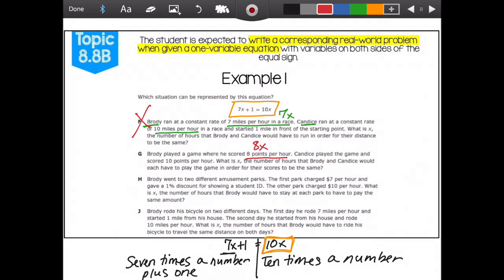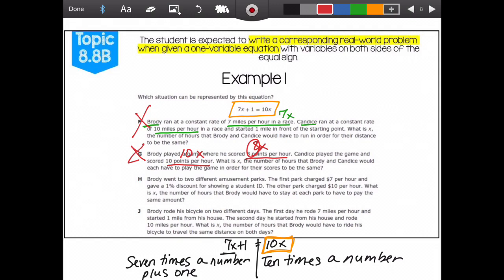Candace played the game and scored 10 points per hour, so that could have been 10x. It says, what is x, the number of hours that Brody and Candace would each have to play the game? All right, well, guys, let's look at this. Let's just even look at Brody. We got 8 here. 8 is nowhere in our equation. All right, so we can automatically eliminate G.